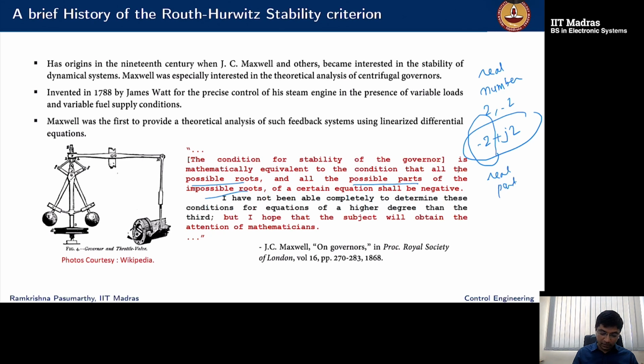Possible parts of the impossible roots have a certain equation that shall be negative. This corresponds to negative poles. He says he was not able to completely determine these conditions for higher order, but he thinks that this might lead somewhere for mathematicians. So he posed this problem at some point of time.